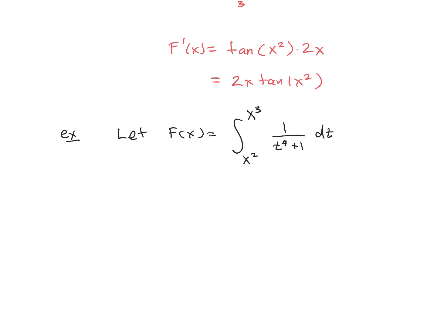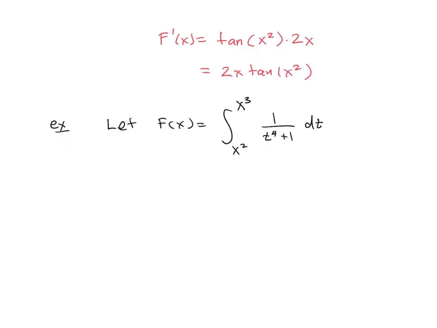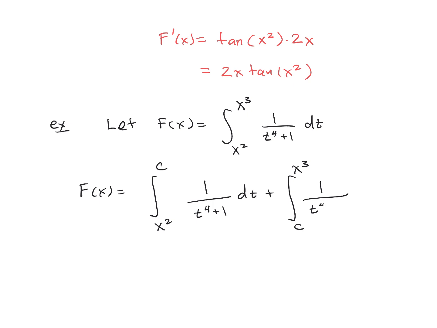In this problem, we need to use the chain rule. We can rewrite our f of x as the integral from x squared to some constant c of 1 over t to the 4th plus 1 dt, plus the integral from that same constant c to x cubed of 1 over t to the 4th plus 1 dt.